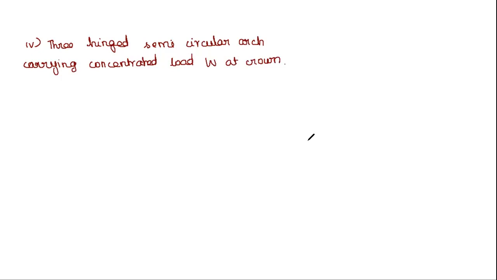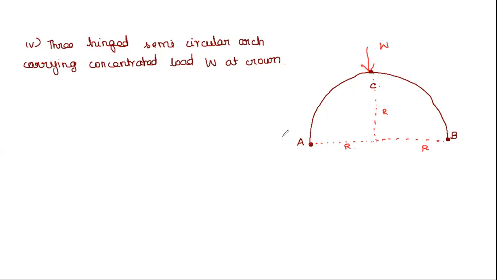So now what will be the diagram? It will be a semicircular arch with the 3 hinges. Let it be A, B, and the point be C. As it is a semicircular arch, the radius is same in all directions, that is R. And it is subjected to a point load W at the crown.